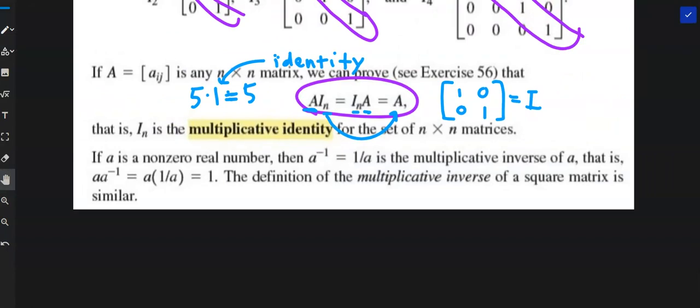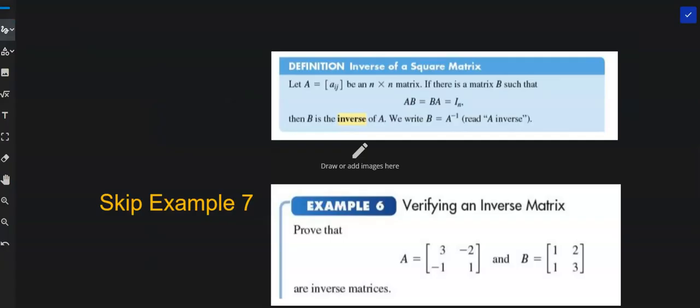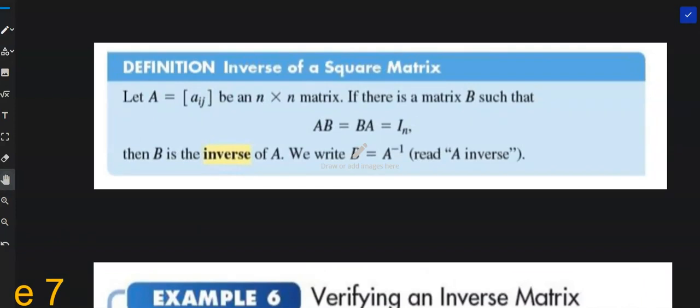Now, is there an inverse? Yes, there is. The inverse is found when you can multiply 2 things together, whether you do it left to right, right to left, AB or BA, and you still get the identity matrix.